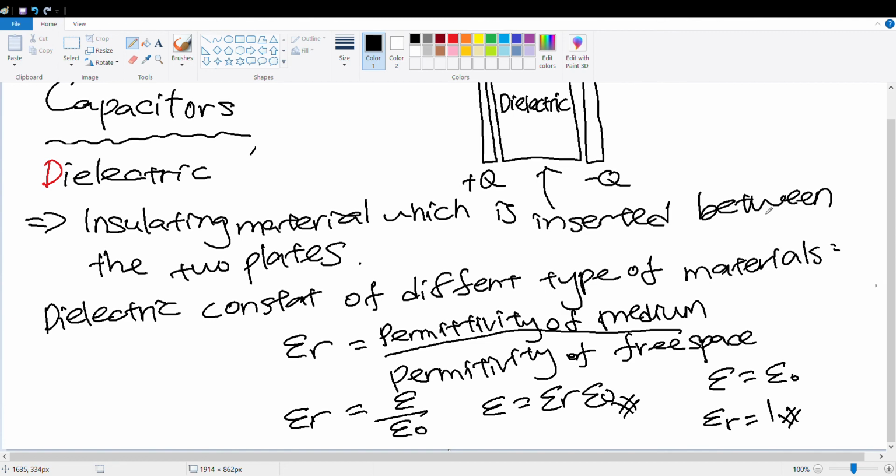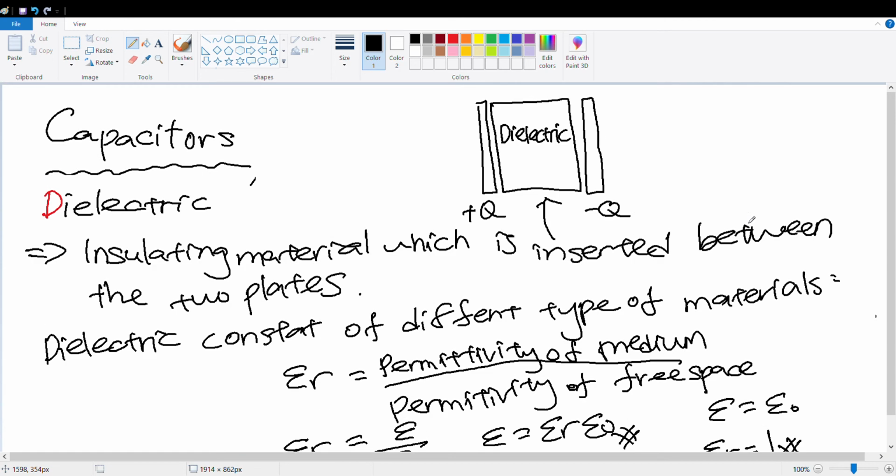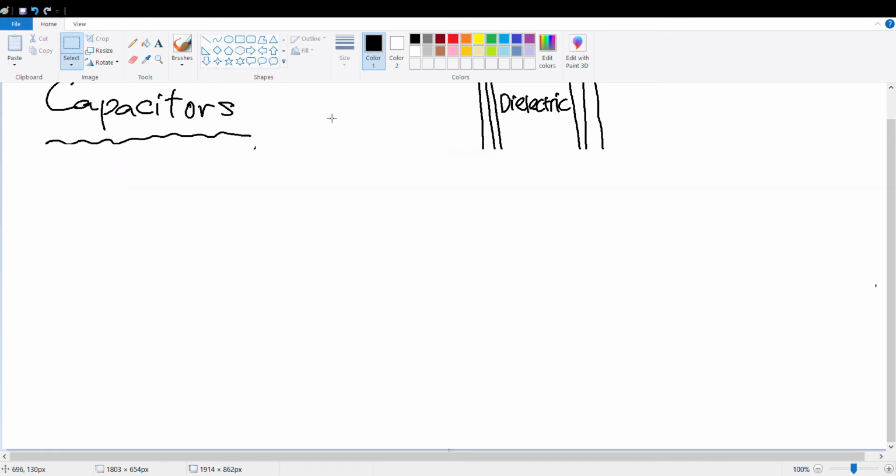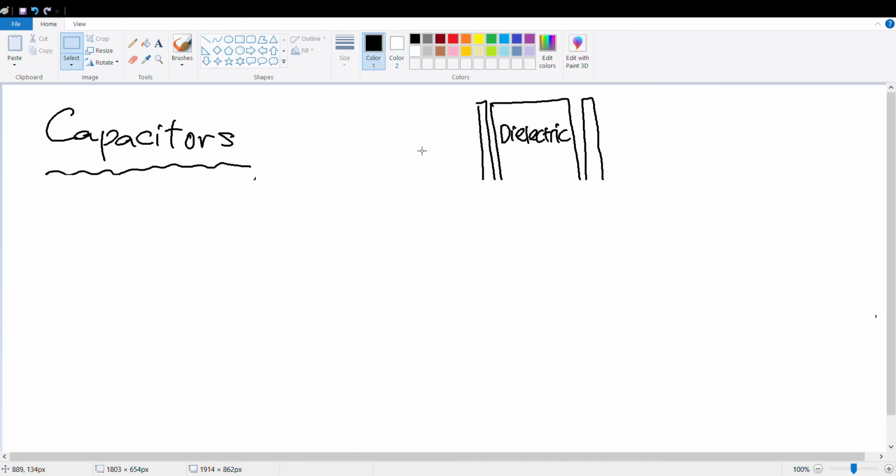Alright, so we have done the property and the formula for the dielectric. Now we are going to discuss the function of the dielectric.